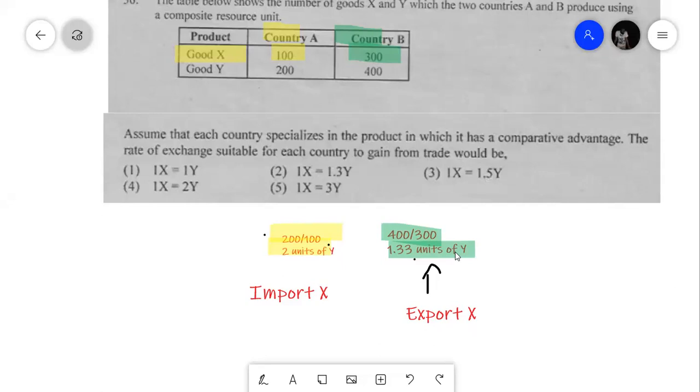Now, they want to sell it abroad. So they will expect more than 1.33, no? In their country itself, they can get 1.33. Why will they sell it for less than 1.33 in another country? So they will expect more than 1.33, right?